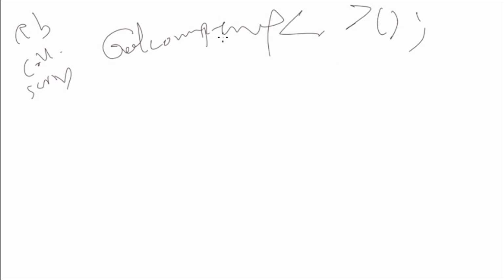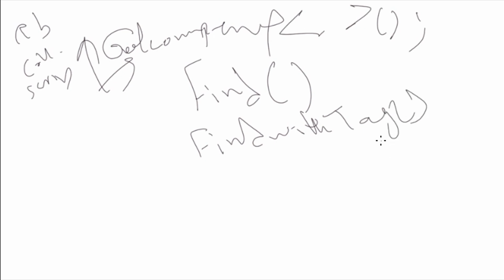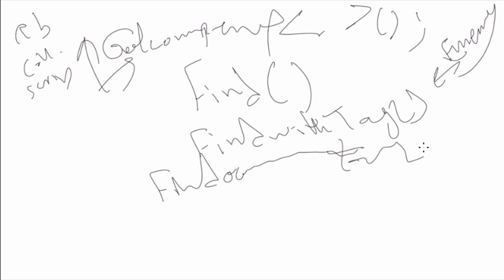You can get component in children, you can get component in parents, you can find a game object, not usually used, but it's a function found in Unity, which finds any game object by name in the scene. You have find with tag, which finds a game object with the tag, like enemy, for example, inside the scene that's running in Unity.